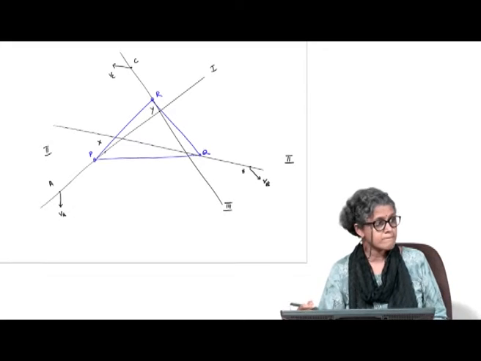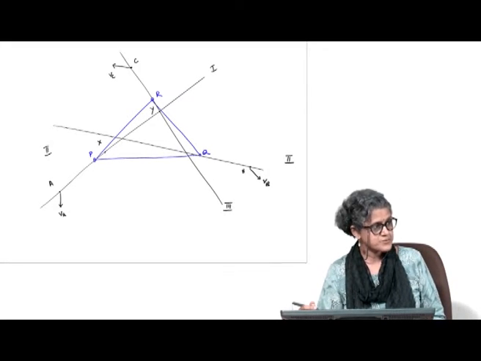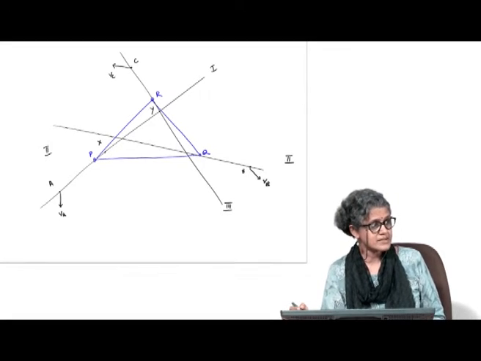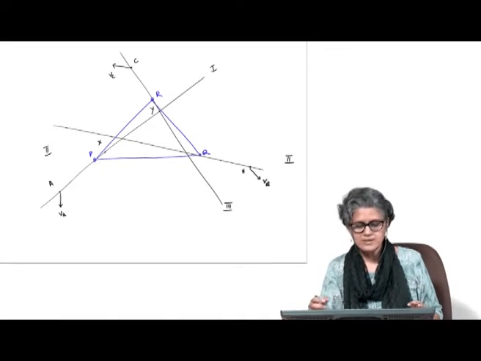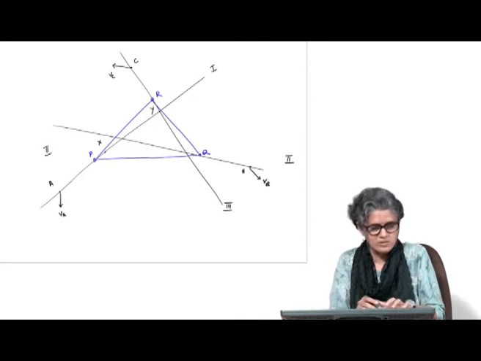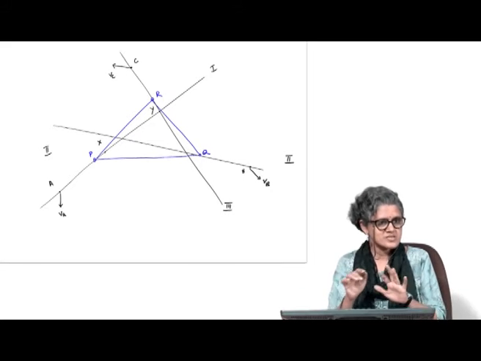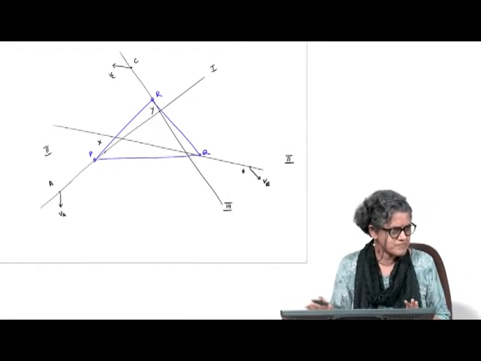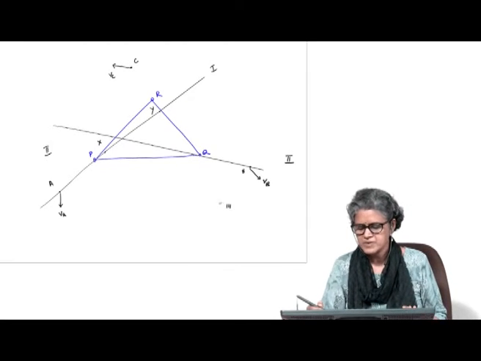I have 3 different motion transfer points, so it's a ternary link. It's connected to 3 different links. Let's say I know the velocities of A, B and C, and I want to find the velocities of these auxiliary points.